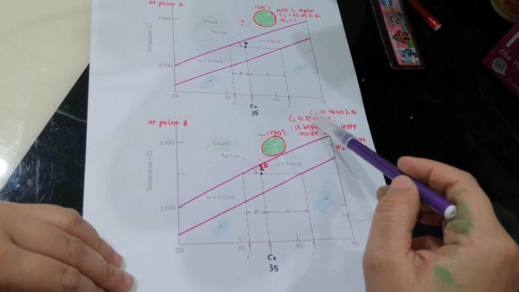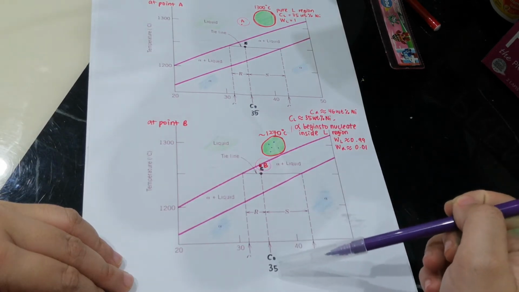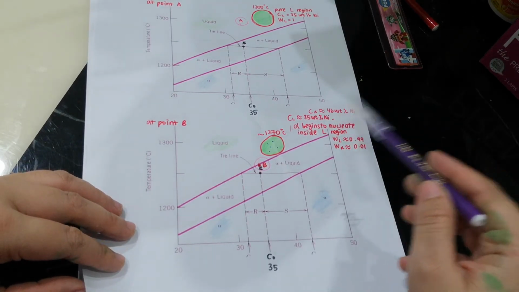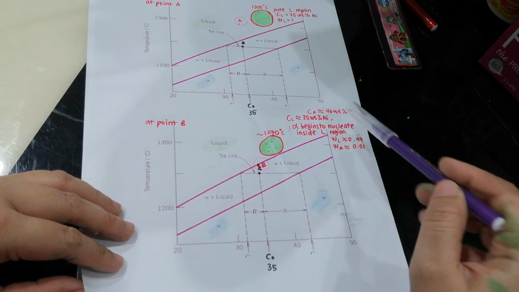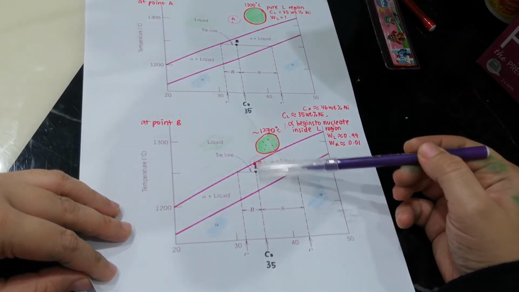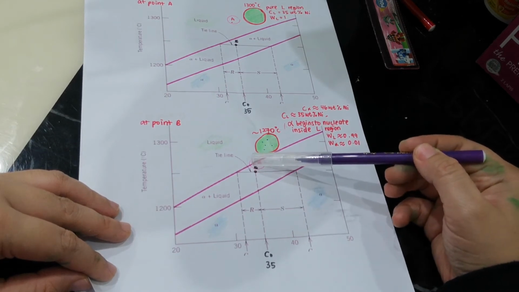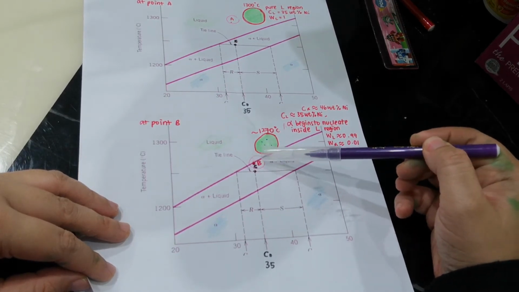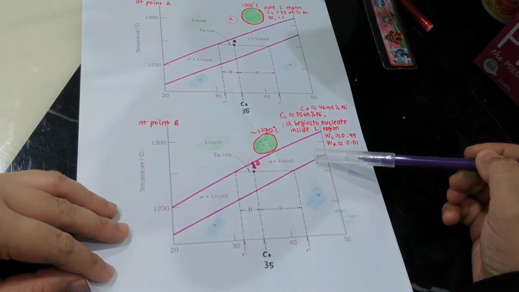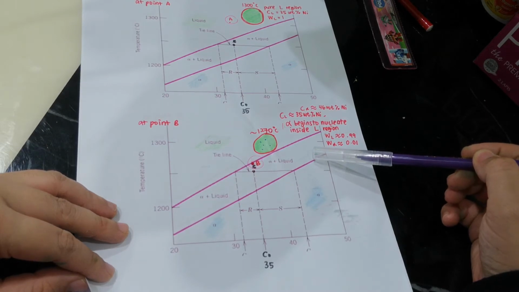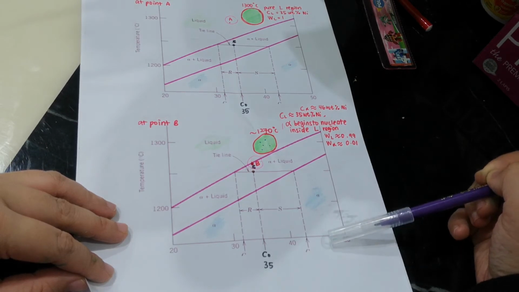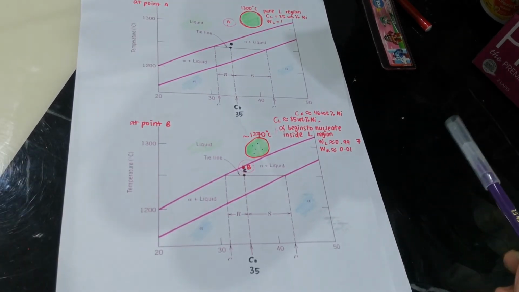The composition of liquid is 35 weight percent nickel because it is at the liquidus line, and when you draw a tie line to the solidus, you get that the composition of solid is around 46 weight percent nickel.